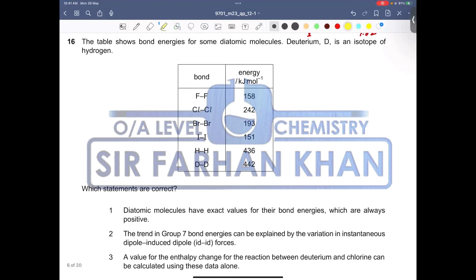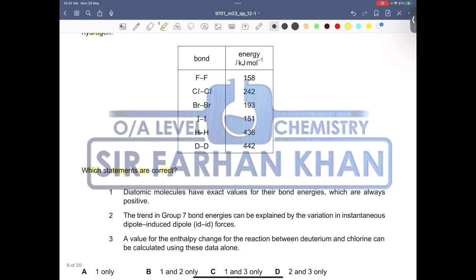Question number 16. The table shows bond energies for some diatomic molecules. Deuterium is an isotope of hydrogen. Which statements are correct? So one by one, we need to follow the statement. Diatomic molecules have exact values for their bond energies, which are always positive.